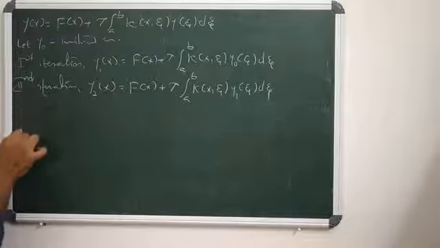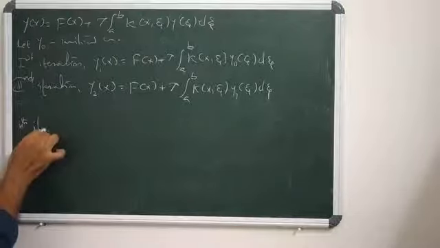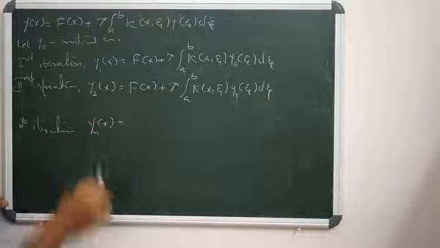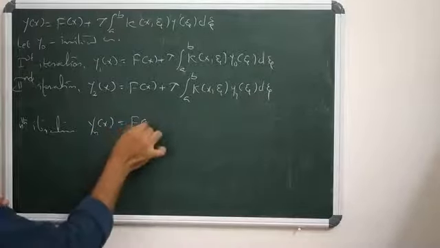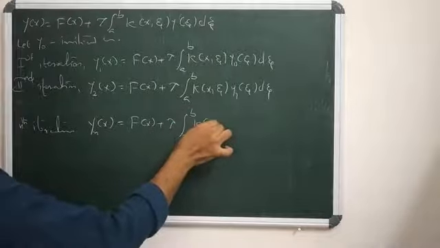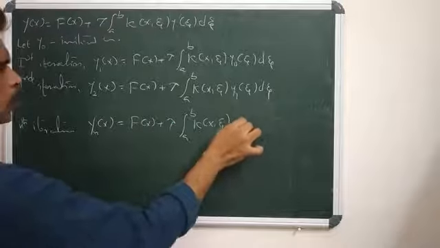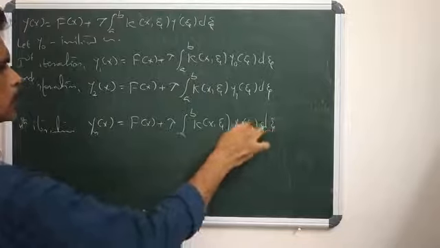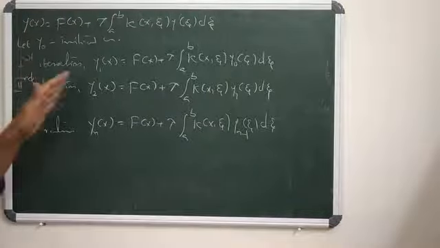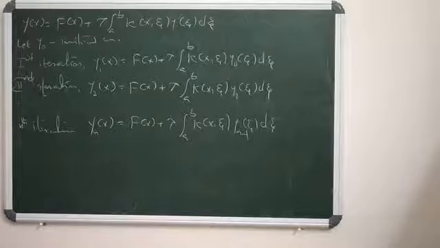Proceeding like this, what is the nth iteration? yn(x) equals f of x plus lambda integral a to b k(x, theta) y(n-1)(theta) d theta. So this is the iterative method for solving a Fredholm integral equation.